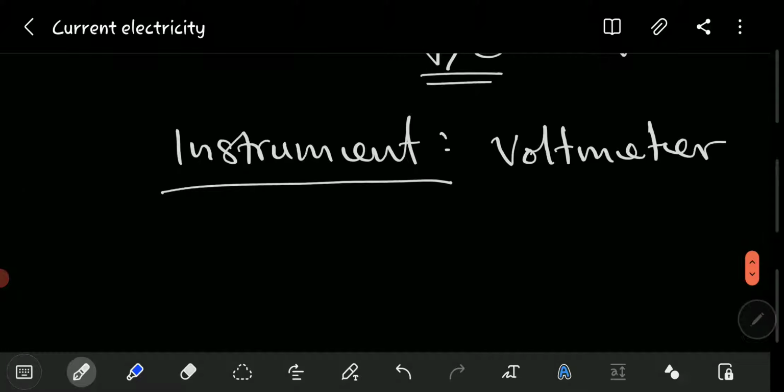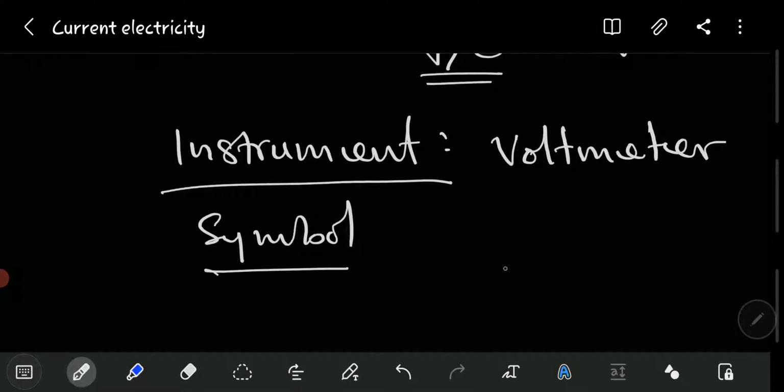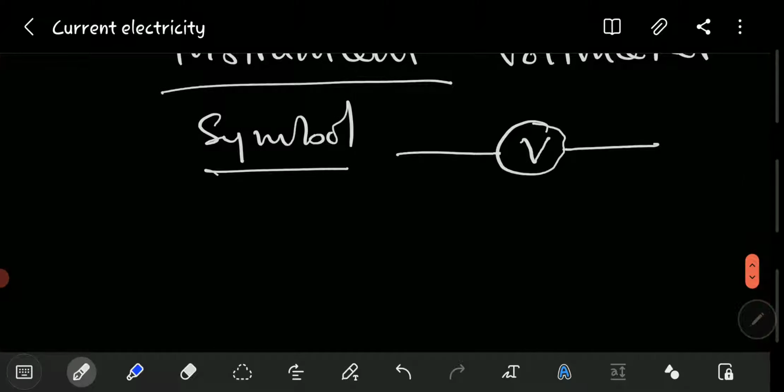Potential difference is measured using an instrument called a voltmeter. And the symbol of a voltmeter is a circle with terminals on both sides with a capital letter V.